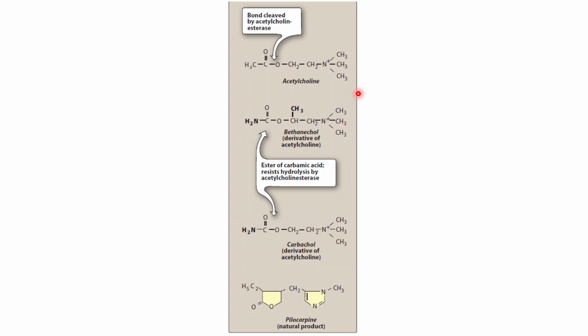So the second drug is bethanechol, and bethanechol is an ester, and it has a common structure with the acetylcholine, and it's not hydrolyzed by the acetylcholinesterase because of the carbamic protection, and it only acts on the muscarinic receptor.